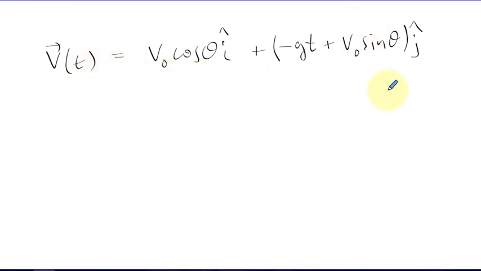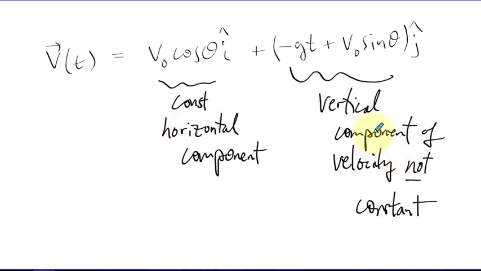So I've derived this function for the velocity at any time, and maybe just also, before we go a little further, notice this is all a constant horizontal component. Of course, the vertical component of the velocity is not constant. It may be, depending on the initial speed, going up, having a vertical component.